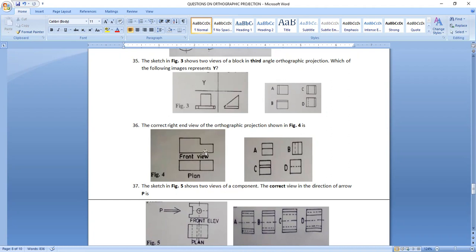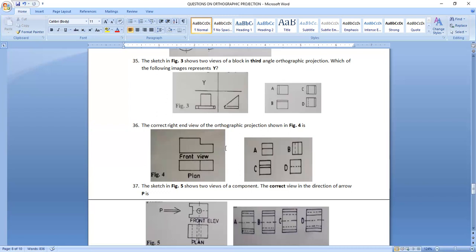We are not told whether it is the right end elevation or the left end elevation, but they said right end view. I overlooked that.